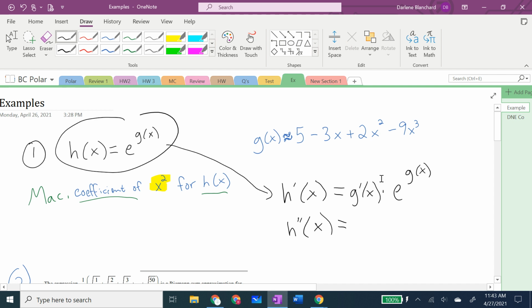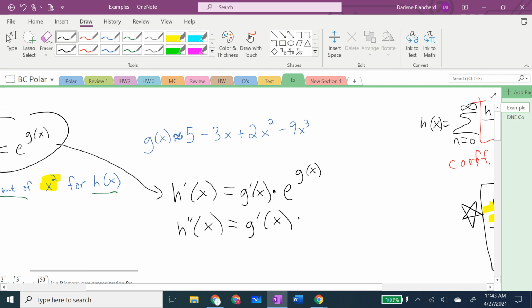Anyway, so two functions. First function, second function. I'm going to keep the first and multiply by the derivative of the other, and I'm going to come back and focus on it, plus, and then I'm going to switch it up. I'm going to take a derivative and keep the e to the g of x.